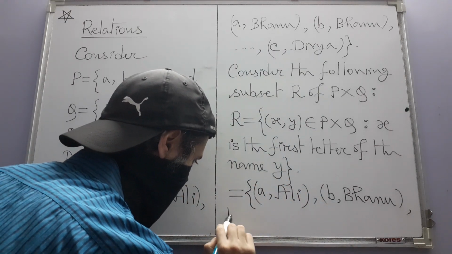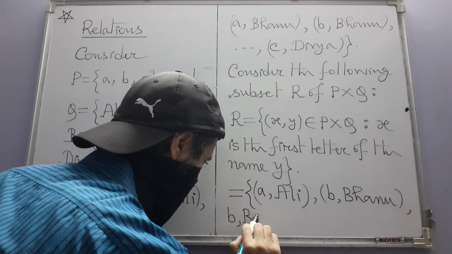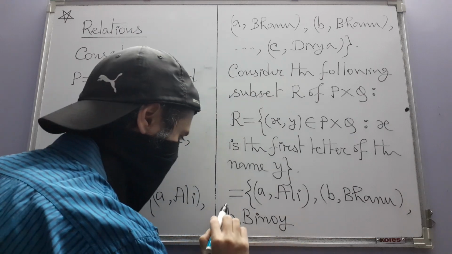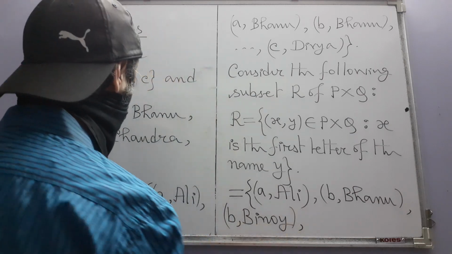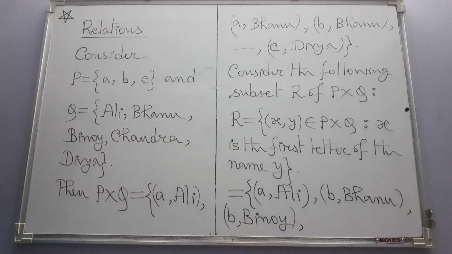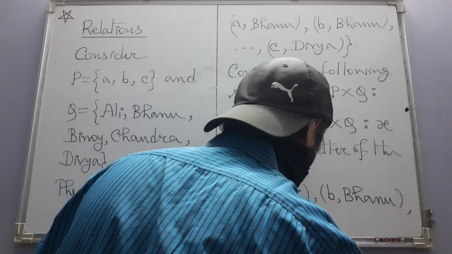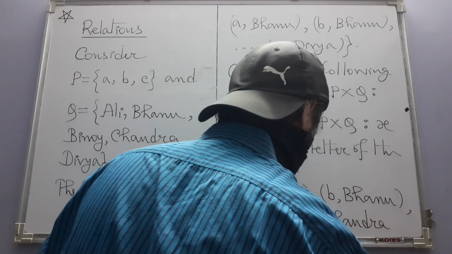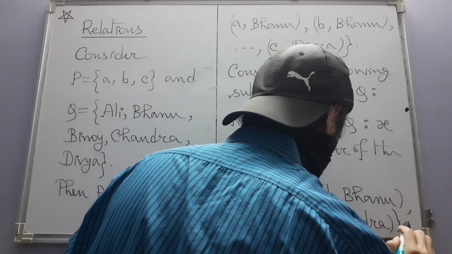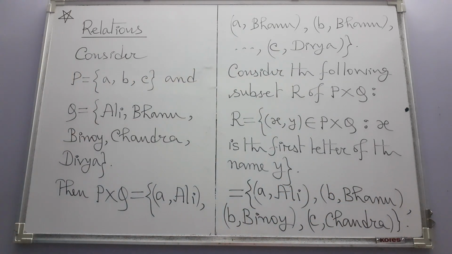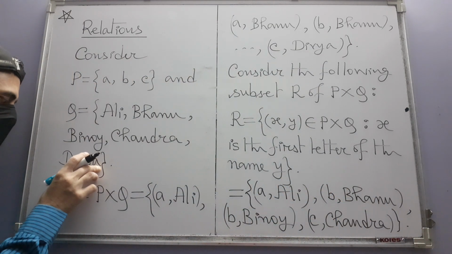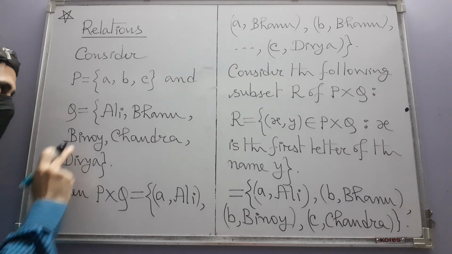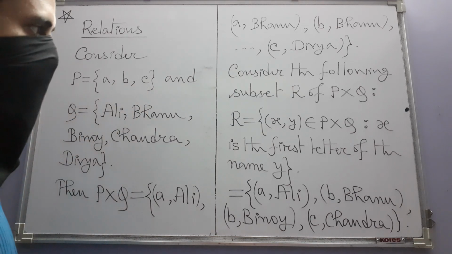We will also have Binoy. And what else is there? We have Chandra, right? And we do have C. And that's just it. For the name Divya, the first letter is D, which however is not present here.